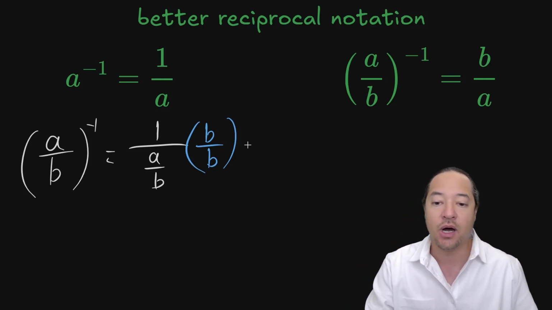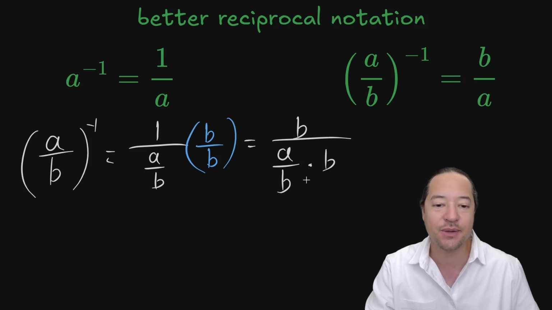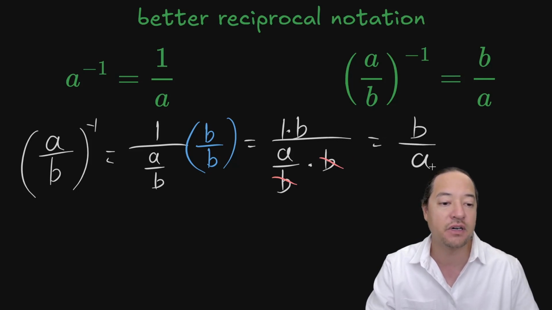What do I get now? Well, if I do this, I'm going to get b in the numerator, and in the denominator I'll have a over b times b, right? So I have a 1 times b in the numerator and a over b times b in the denominator. And notice what happens here is these b's are going to cancel out. And so now what I'm finally left with is just b over a.